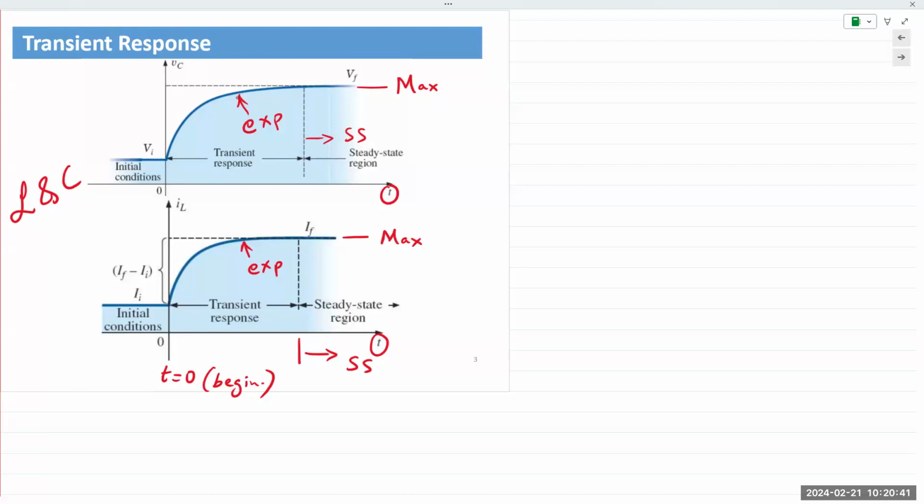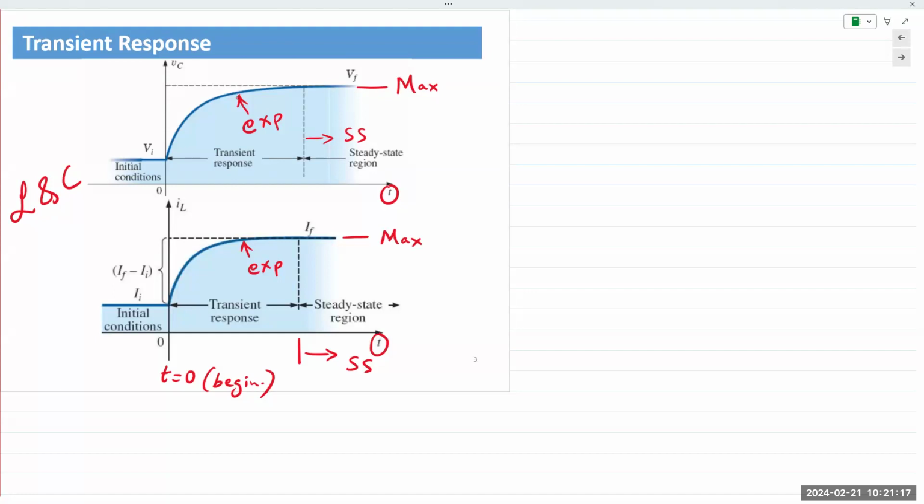So if you apply 5 volts to a capacitor, the final value would be 5 volts. Make sense? If you apply 1 amp to an inductor, then the maximum value it can reach would be 1 amp. So after a certain point in time, if we don't interrupt the charging portion, it will reach 5 volts or 1 amp. And after that point, it's going to remain steady with respect to time. So steady state.